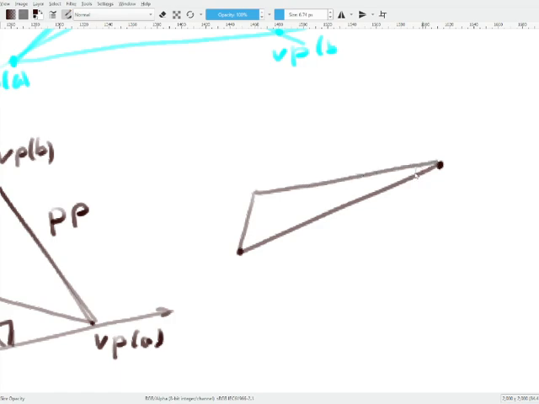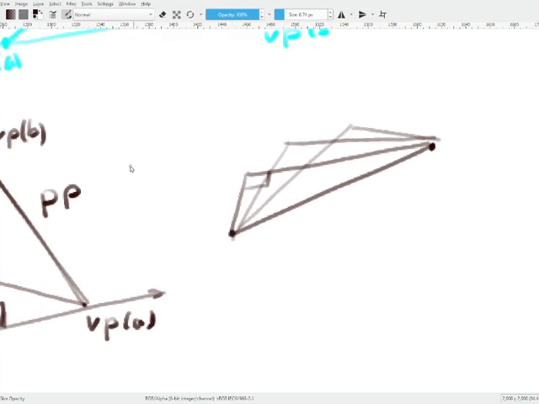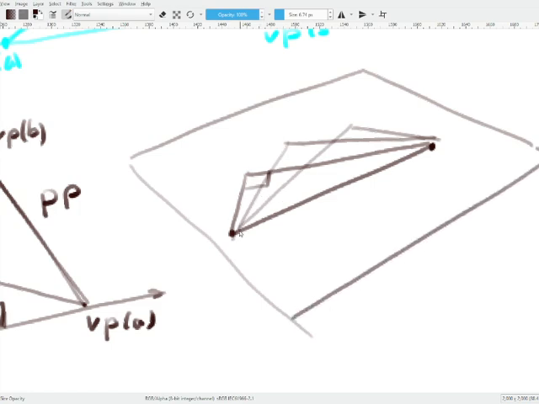You can look at it from here, from there, and so on. And all these points, if you think about a plane, form a circle.